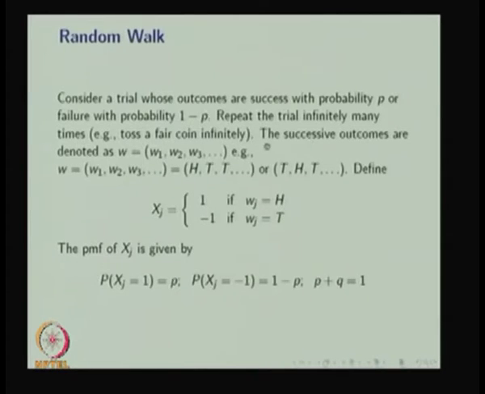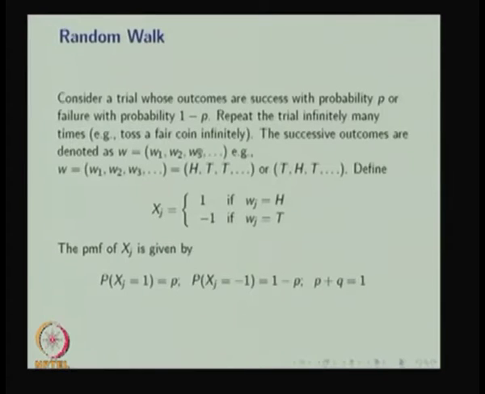The successive outcomes are denoted by the sample ω that consists of ω1, ω2, ω3, and so on, where each one is the outcome in the nth trial. That means ω1 could be head or tail. Similarly, ω2 could be head or tail, and so on. For example, HTT or THT and so on.